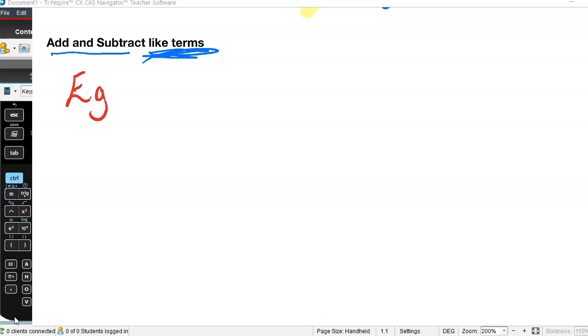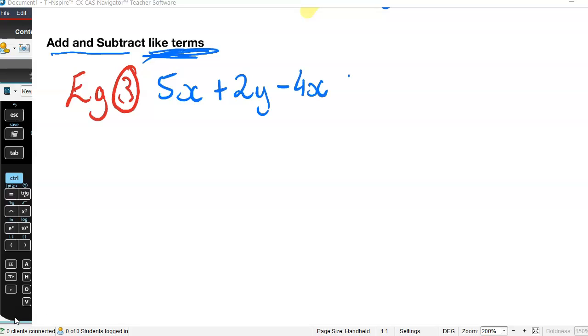Okay, so example 3 we're up to. 5x plus 2y minus 4x plus 7y. Okay, so I've got some like terms here. Now, good first step is to group those like terms.